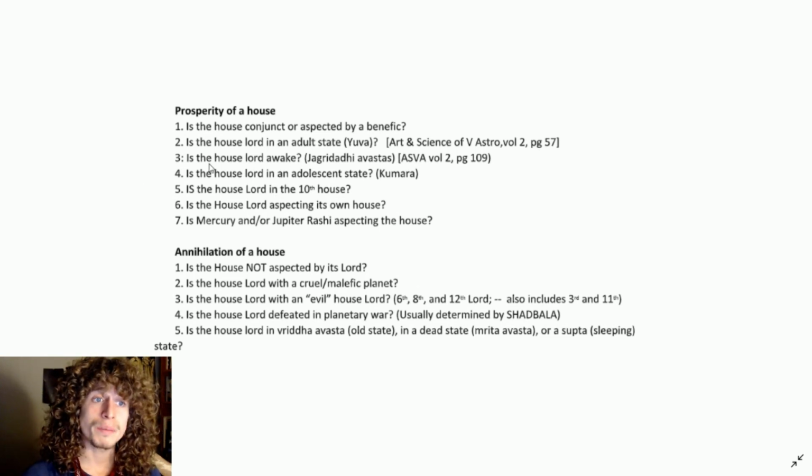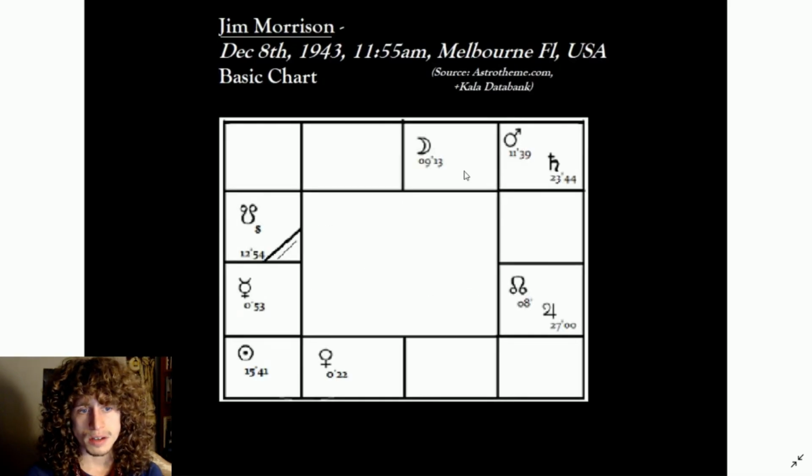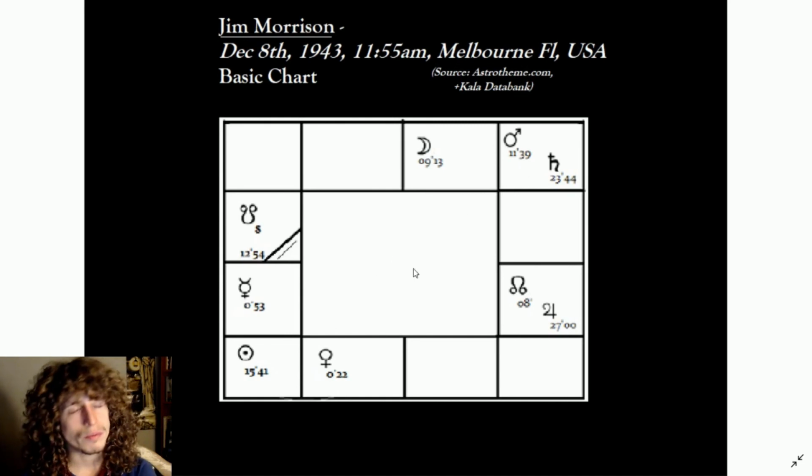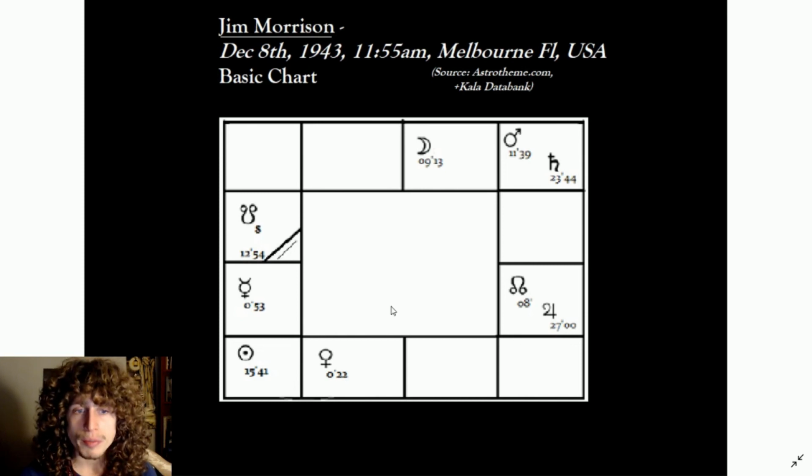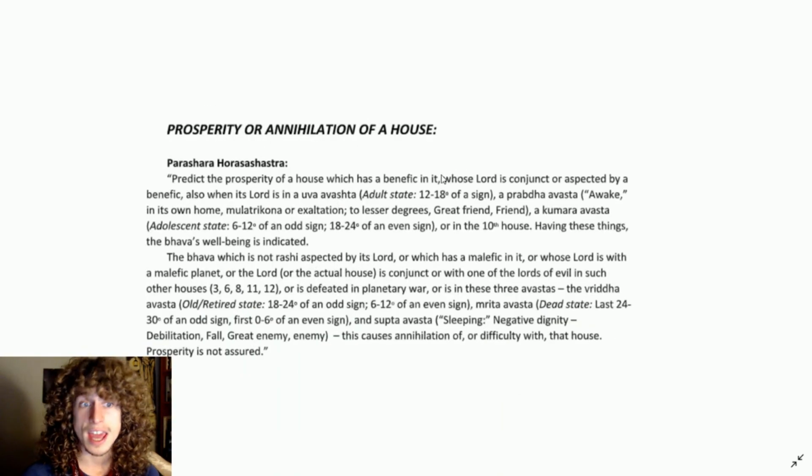Now the house lord, Venus, the question is, is the house lord awake? And we could say that it is not awake. It's in Scorpio, the sign of Mars. Mars is neutral to Venus. But since Mars is so far away from Venus in this chart, we would consider it an enemy.